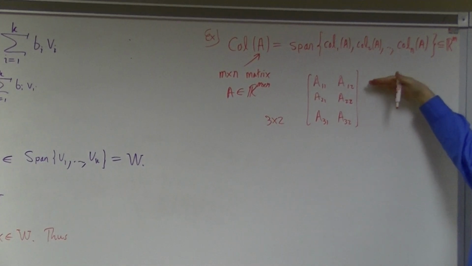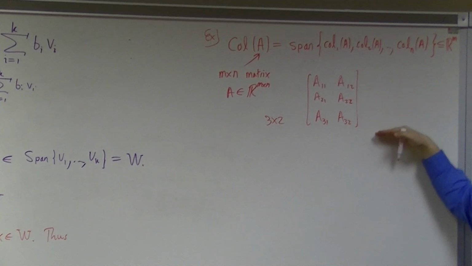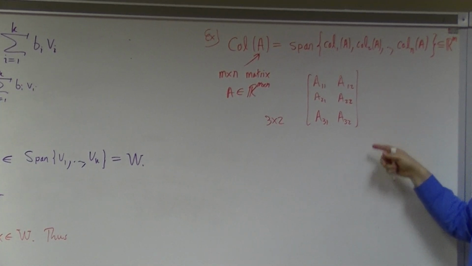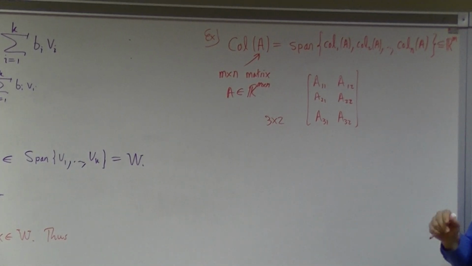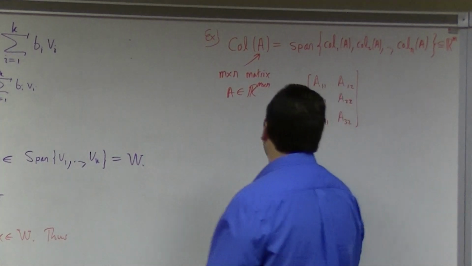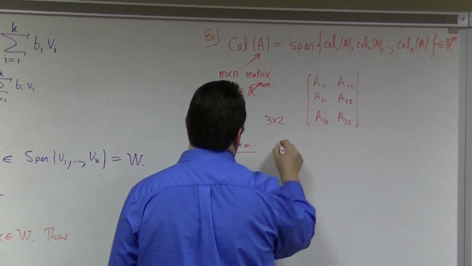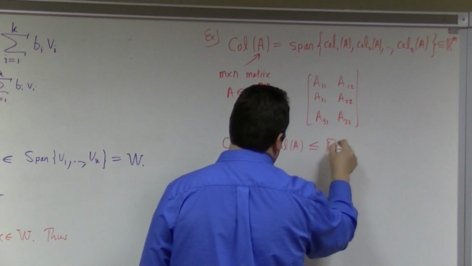You see, the number of rows is the size of the columns. Each column is a three-component vector. Yes, there are 2 columns, but in fact, it's a subset of R^m. So my claim is that the column space of A is a subspace of R^m.